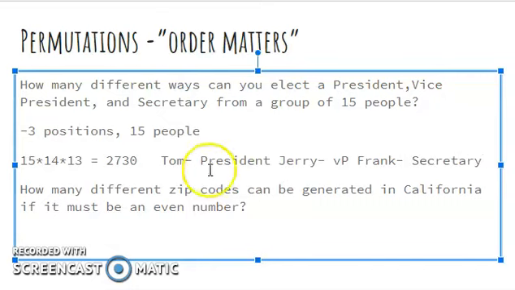You can't just say that I just have a group of 3 people and Frank could be president and Jerry could be VP and whatever. The order matters because each person has their own designated role. So that's why we have permutations.